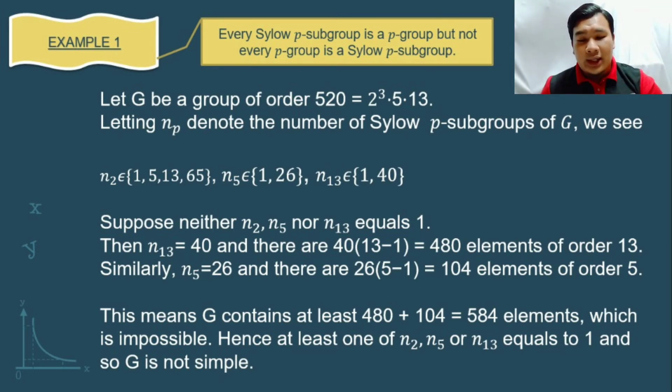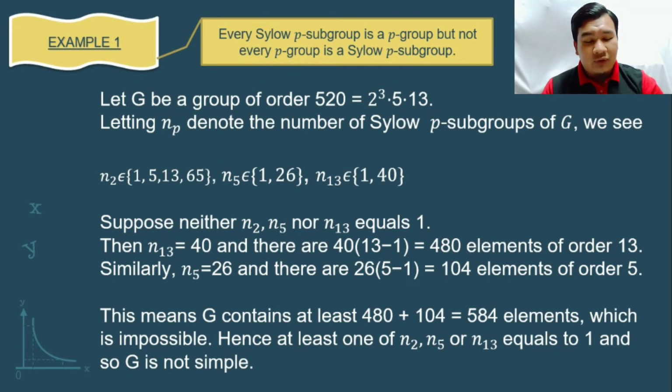So now, suppose that neither n_2, n_5 nor n_13 equals 1. We need to calculate the number of elements for each order. So for now, n_13 is equal to 40, and there are 40 multiplied by (13 minus 1), equal to 480 elements of order 13. Now for n_5, n_5 is equal to 26.